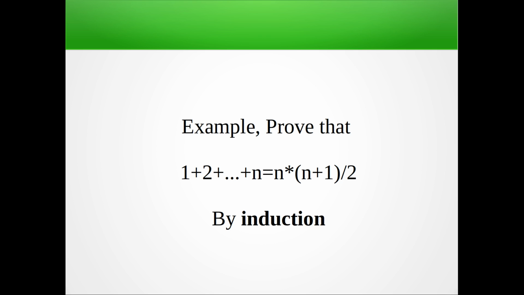If I can prove the two things, there is somewhere where I can start, the property holds for, let's say, 1, and then I can prove that if the property holds for n-1, then it also holds for n, then automatically, by the principle of induction, I can claim that the property holds for all natural numbers.